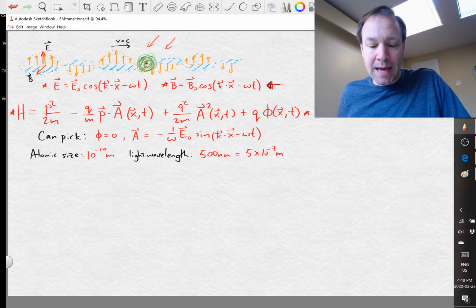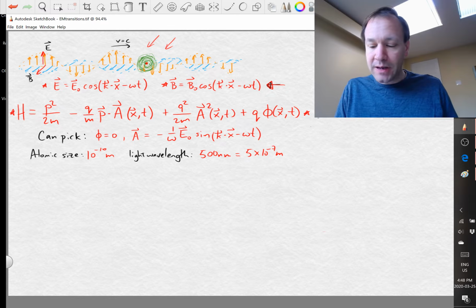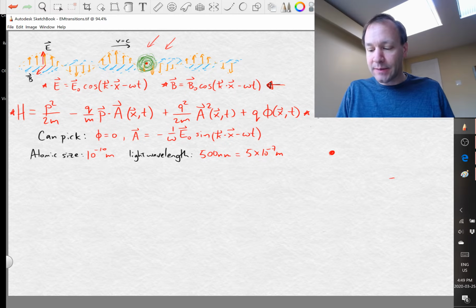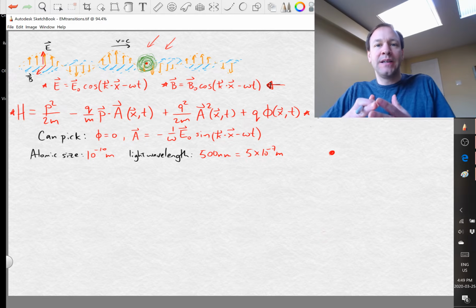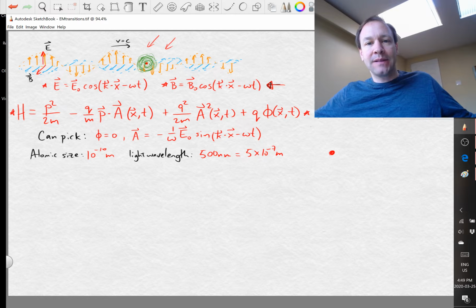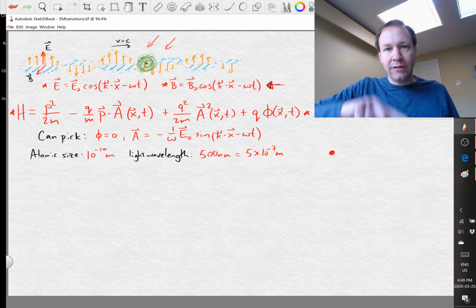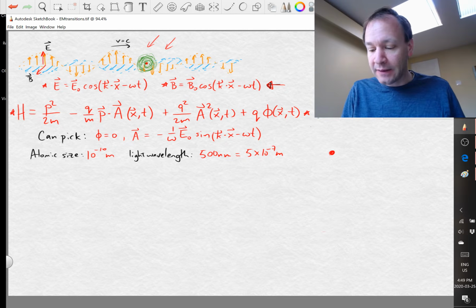Okay, and so that means that unlike that picture above, really if we have our atom, say it's a hydrogen atom, and the typical size of that would be an angstrom, then the wavelength for our light is going to be 5,000 times larger than that size. And so really, if you're that atom, you're not really seeing the spatial dependence of the electromagnetic wave.